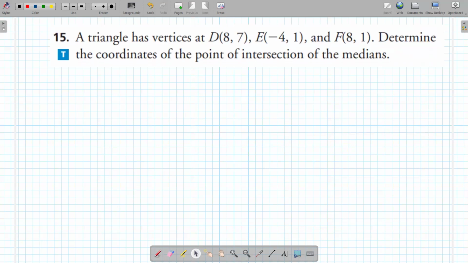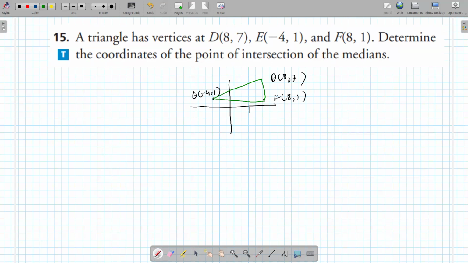So now this one says find the coordinates of the point of intersection between the medians themselves. D is going to be 8, 7, and F is 8, 1. So we have something like this.